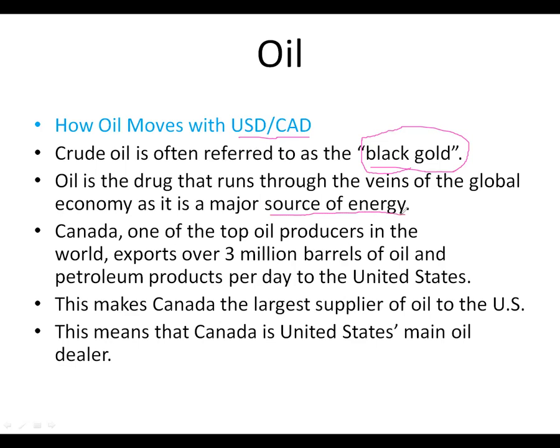Energy. Now, Canada, one of the top oil producers in the world, exports over 3 million barrels of oil and petroleum products per day to the United States. So to the United States alone, Canada, who is a top producer of oil, exports 3 million barrels of oil and other petroleum products per day.